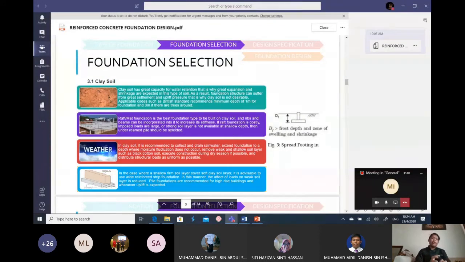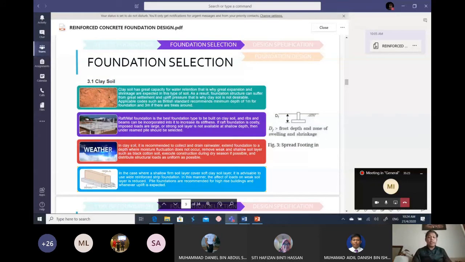And the economic factor also affects the type of foundation based on the type of soil. For example, if it is too expensive, you may change to pile. Sometimes pile is much cheaper compared to a shallow foundation like raft foundation.